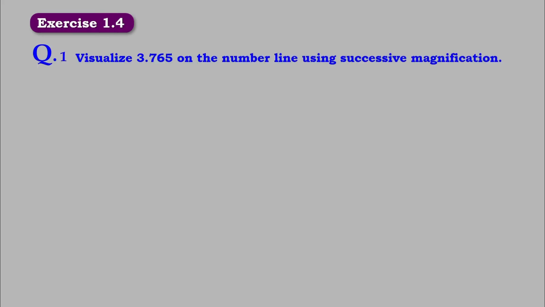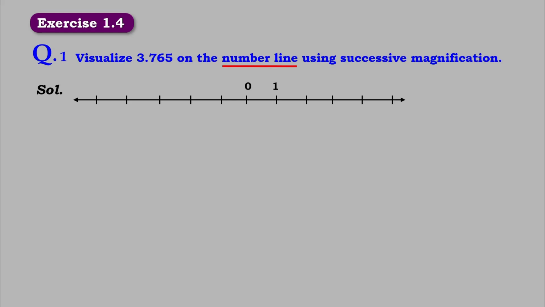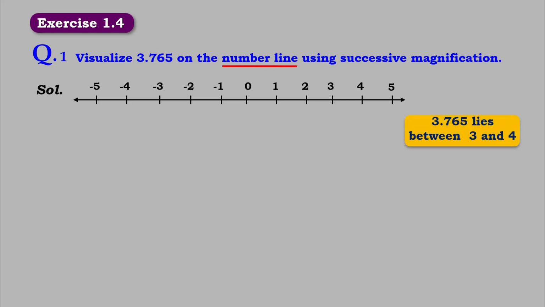Now exercise 1.4, question number 1. Visualize 3.765 on the number line using successive magnification. First we need to draw the number line and we will plot the numbers. Now we know that 3.765 lies between 3 and 4.